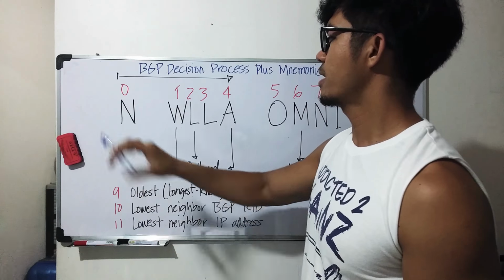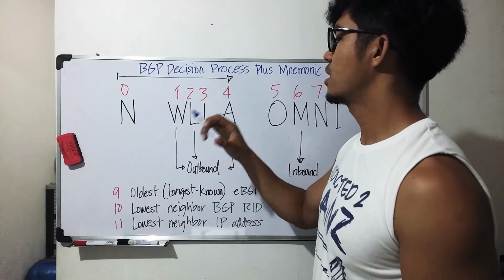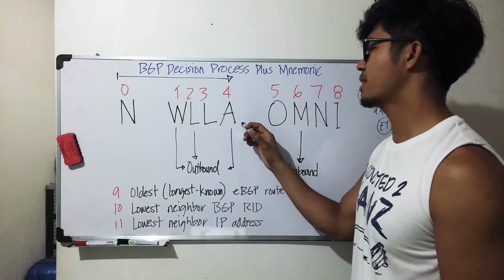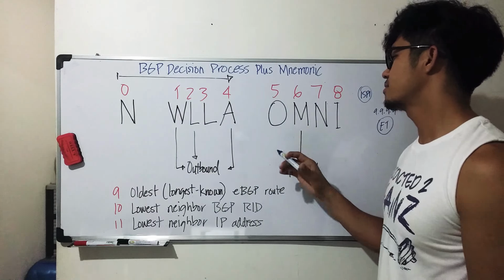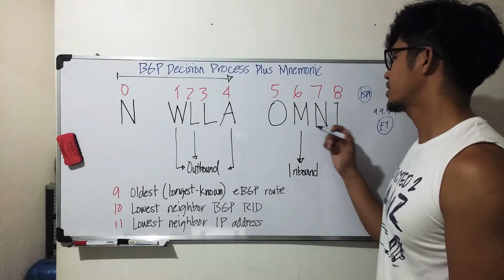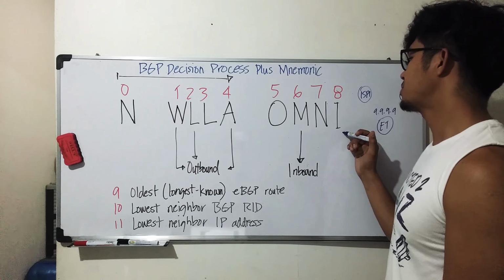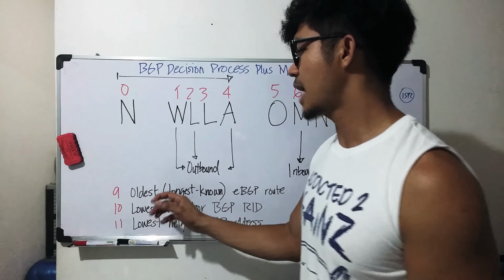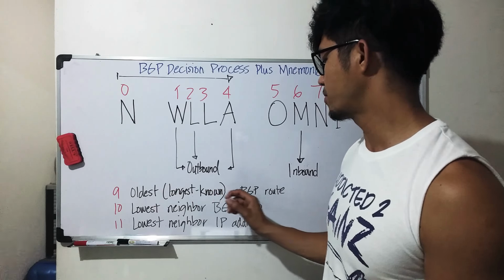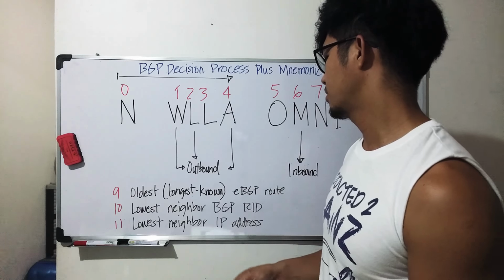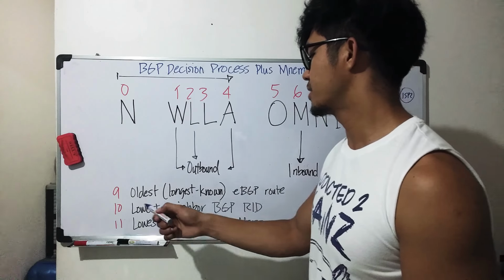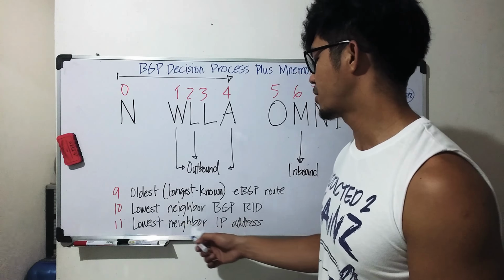So next hop, wait, local pref, locally injected routes, AS path length, origin, metric, neighbor type, IGP metric, and these are, like I said earlier, the tiebreakers: oldest known eBGP route, lowest neighbor BGP router ID, and lowest neighbor IP address.